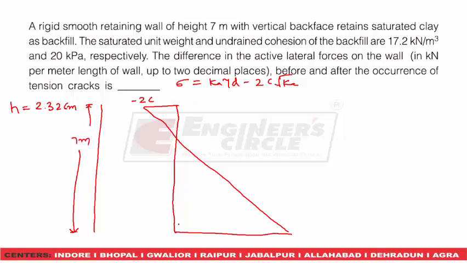And at the bottom the value will be Ka into gamma into d, where d is 7, minus 2c root Ka. So at the top the value is minus 2c, that is 40, and we have drawn it on the left side, so the sign is accounted for. The bottom value will be 1 into 17.2 into 7 minus 40, that is 80.4. So this will be the distribution of earth pressure before development of tension crack.